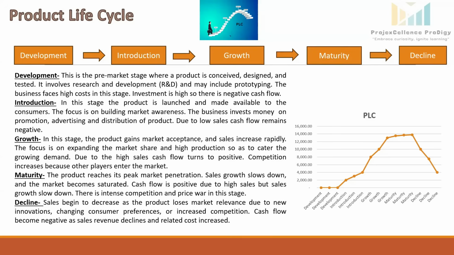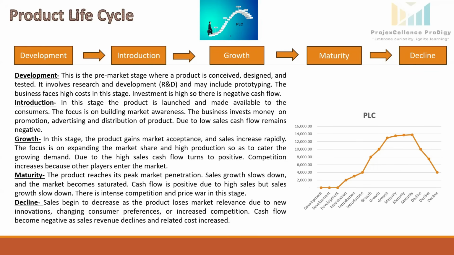Manufacturing cost decreases due to economies of scale as production volumes increase. Due to the high sales and comparatively less cost, cash flow turns positive. Competition increases because other players enter the market.